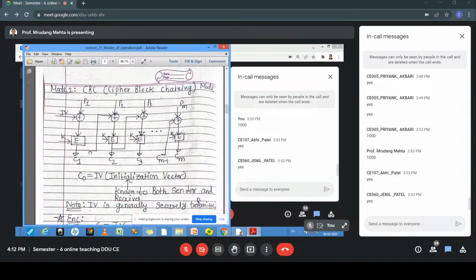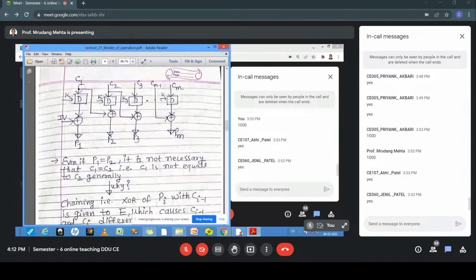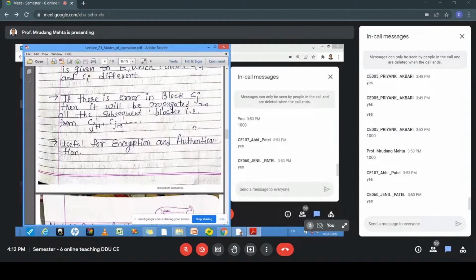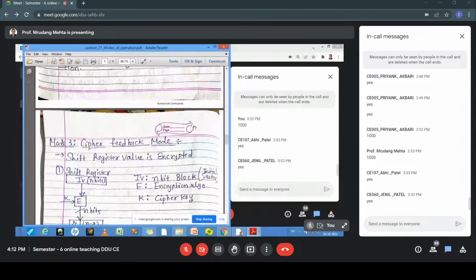So if there is an error in C1, C1 goes to P2 and creates C2, so the error will be propagated in C2, and correspondingly the errors will be propagated here also. To solve this problem, we go for the third mode.